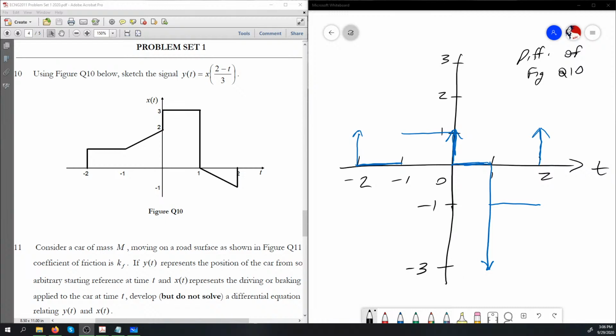But yes, most of the cases you will get clearly labeled diagrams that won't be missing these things. Any further questions at this point in time?